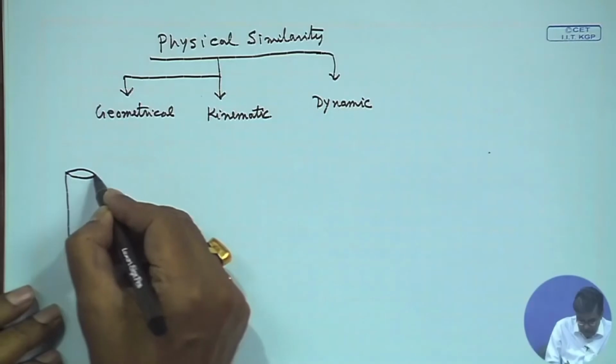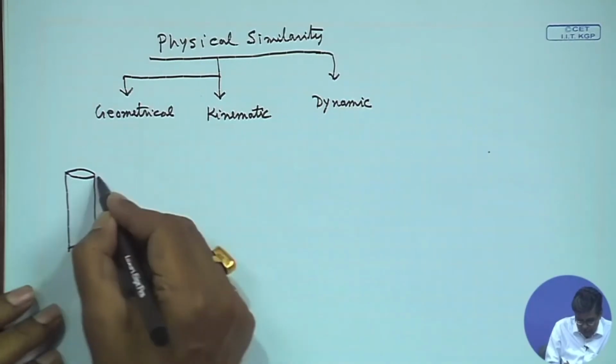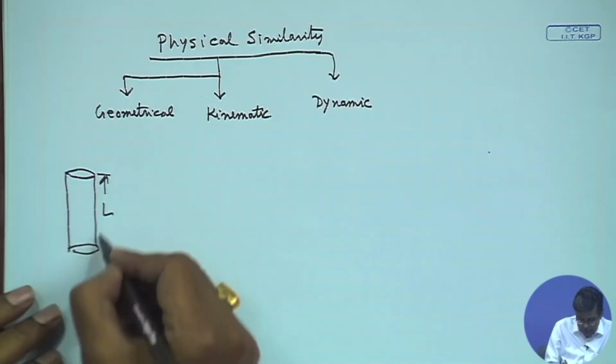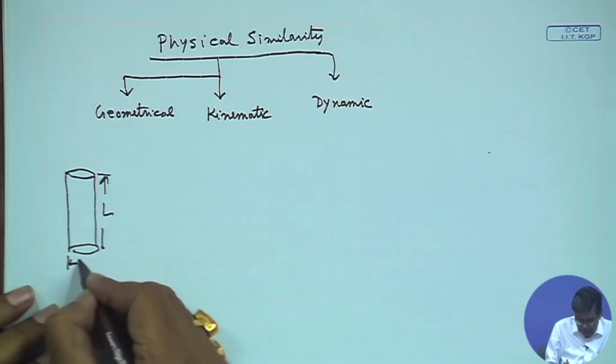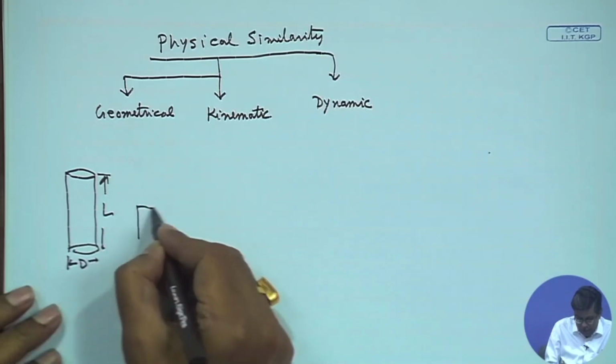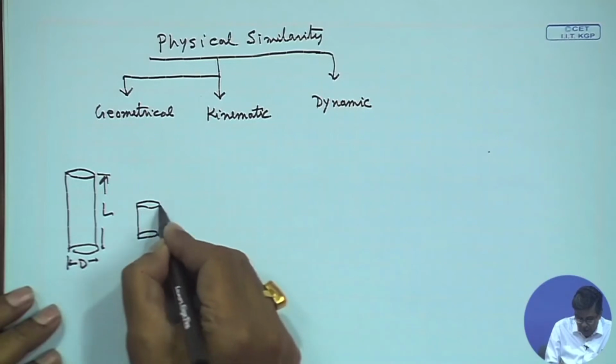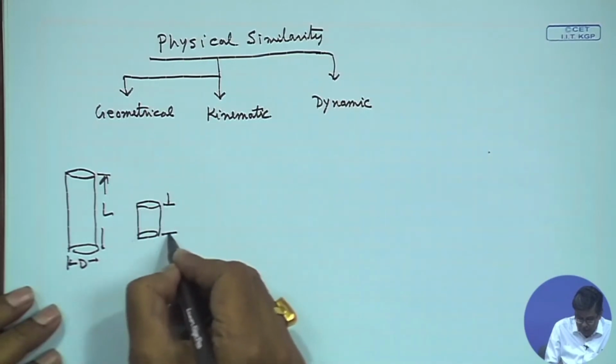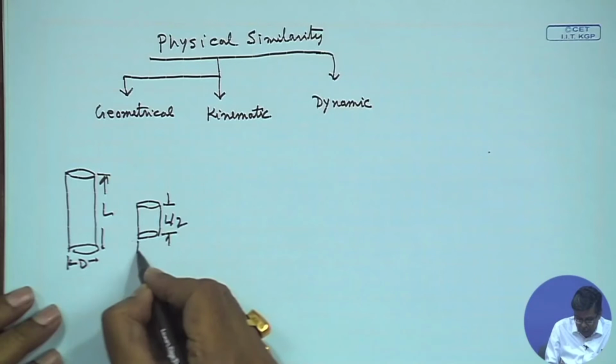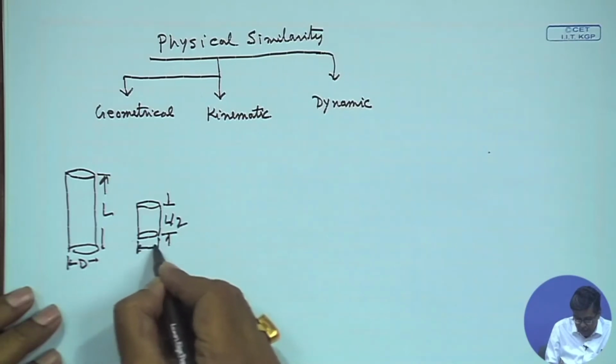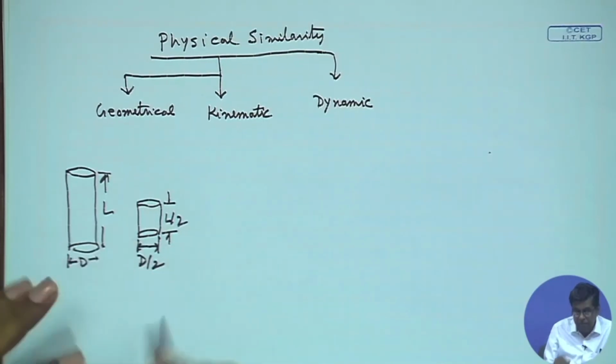An example of geometrical similarity: let us consider a cylinder whose length is L and diameter is D. If we have another cylinder whose length is L by 2 and diameter is D by 2, they are geometrically similar.